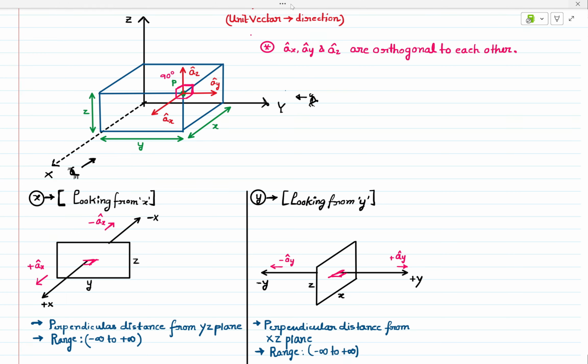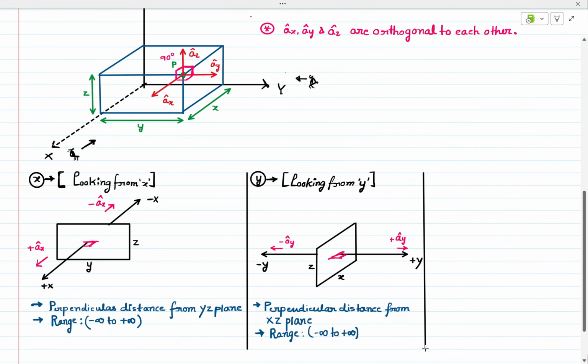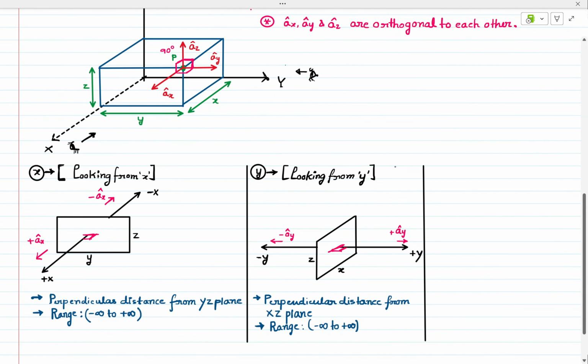Now, just like y, let us discuss what is z. What is z now? For z, I will look from the direction of Z on the slab.